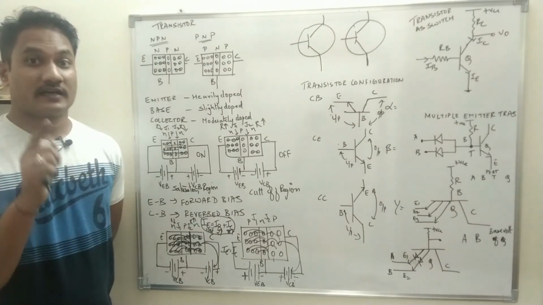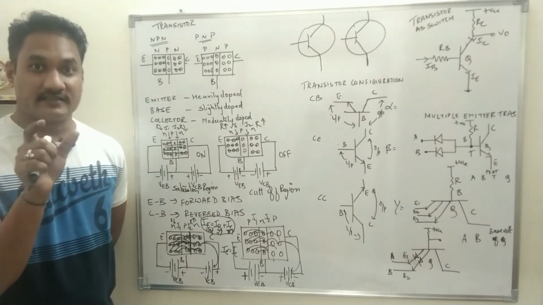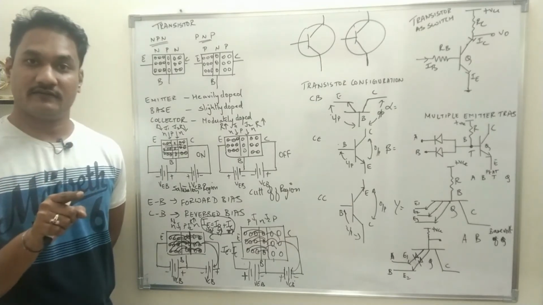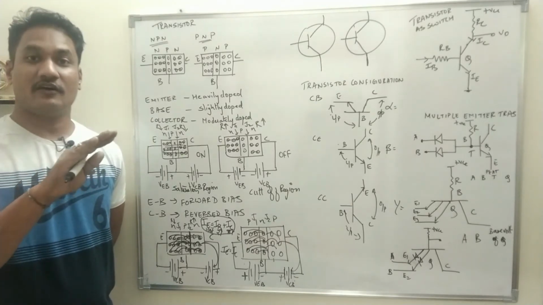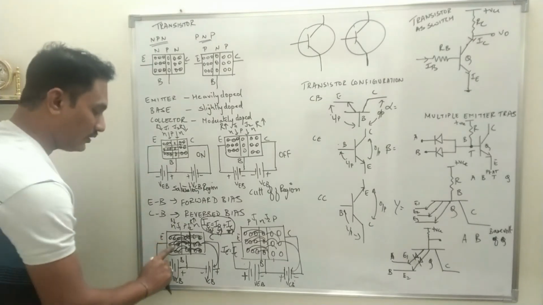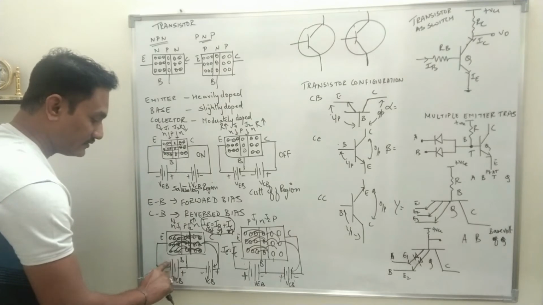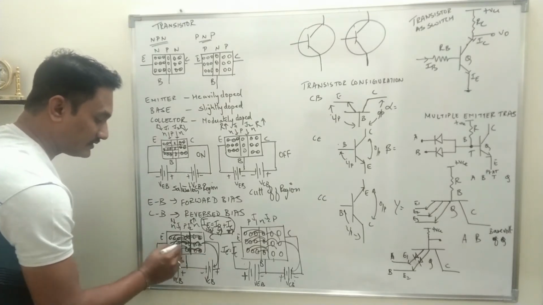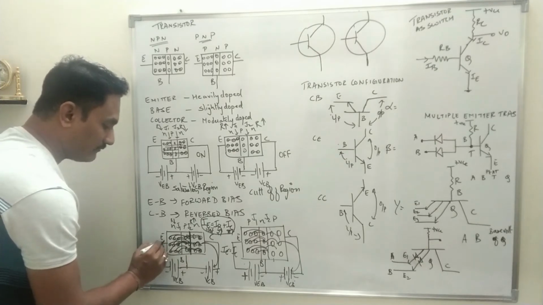But the conventional current direction in electronics we take always from positive to negative. So the direction of electronic current is opposite to that of the conventional current. So how the electrons are flowing here, it is moving like this. So the opposite direction, conventional current, has to be taken.